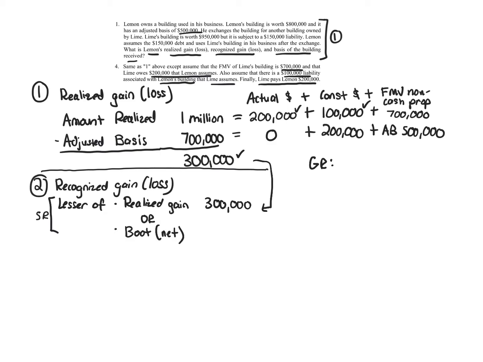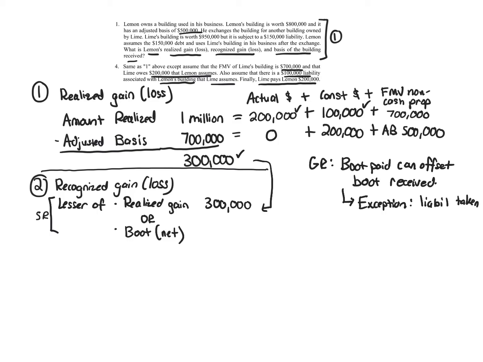So the general rule, remember, is boot paid can offset boot received. There's a special rule, or exception, we'll say: liability taken on can only offset liability relief boot.